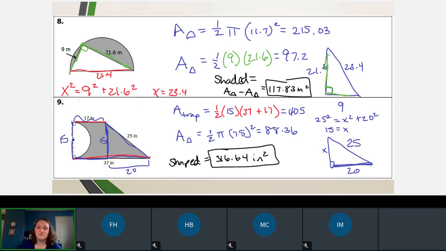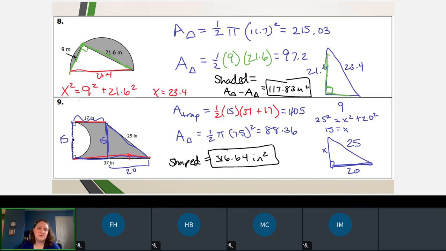Some of you gave me some really close answers. Some people I think may have accidentally added their areas together, so watch out for that. Some people may have found the area of this triangle and this square, added the square and the triangle together, and then subtracted the circle. I mean, it's not a square, it's a rectangle.